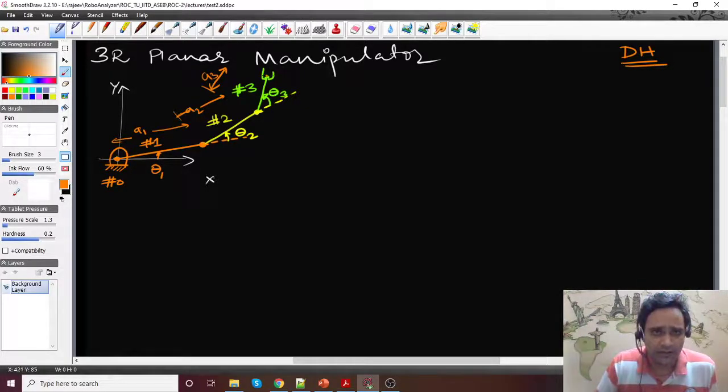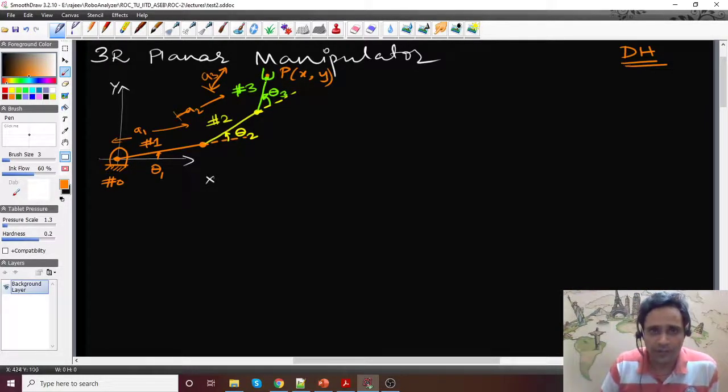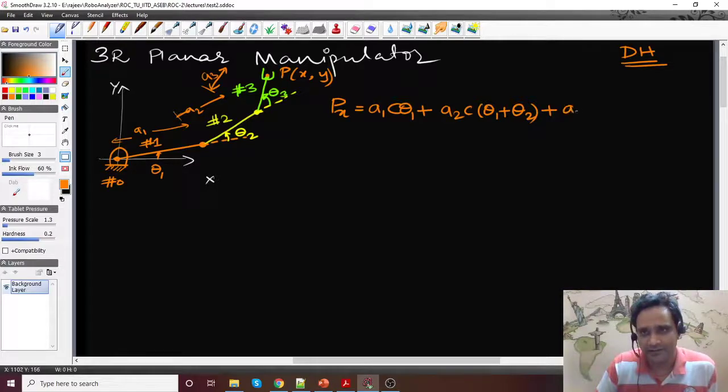Now if this is P, which will have some xy coordinate, to get the value of this P, we can have Px, the x coordinate of P, obtained by A1 cos theta 1 plus A2 cos of (theta 1 plus theta 2) plus A3 cos of (theta 1 plus theta 2 plus theta 3).